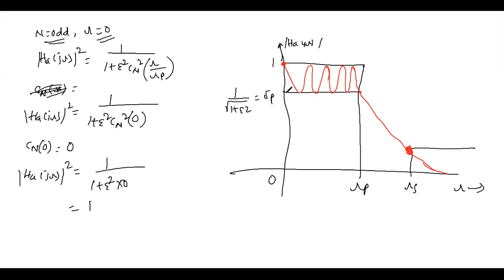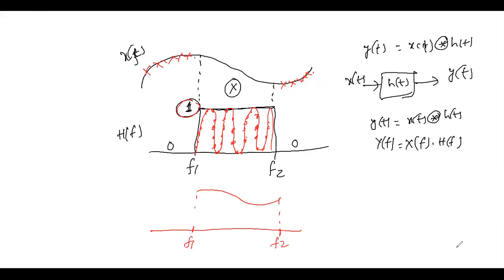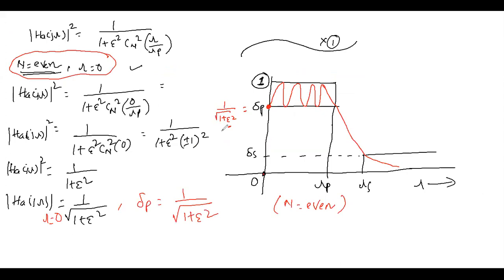Okay, now say here it is starting from 1. So this is for n equals to odd. These two things are very, very important. Okay, so when n is odd, the ripple starts from 1, and when n is even, the ripple starts from 1 by root over 1 plus epsilon square.